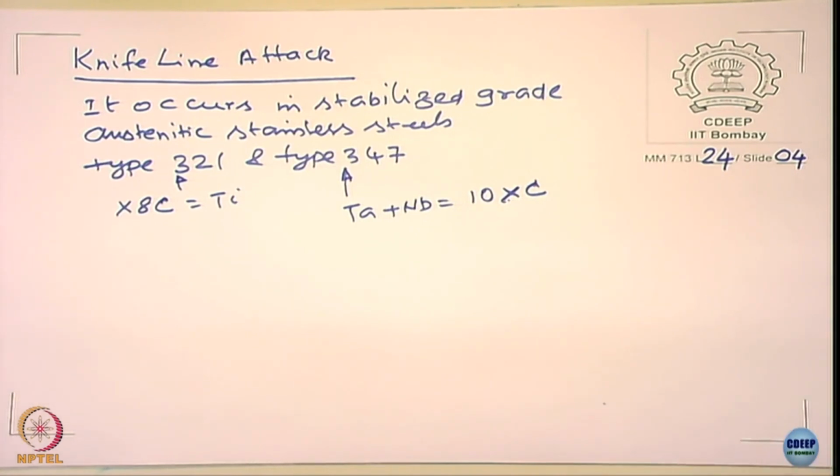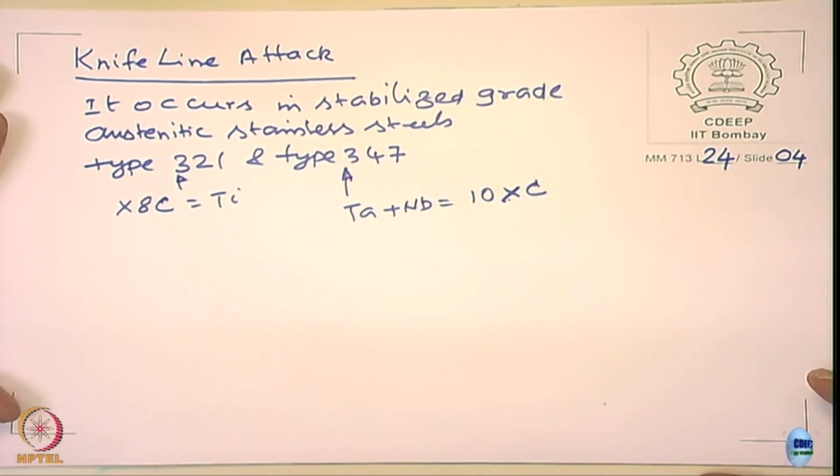So you can have 0.08 weight percent carbon, and accordingly you can add titanium. You all know that the titanium combines with carbon and no free carbon is available. When you weld it, there is no sensitization.